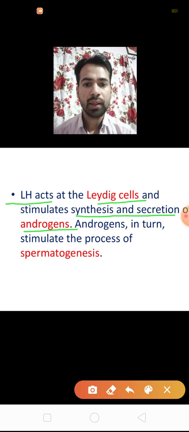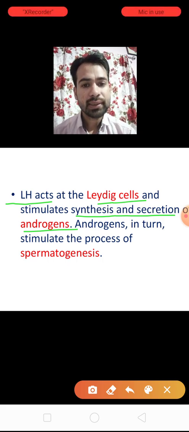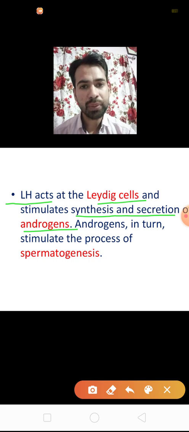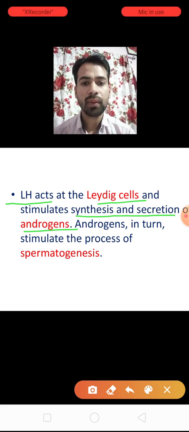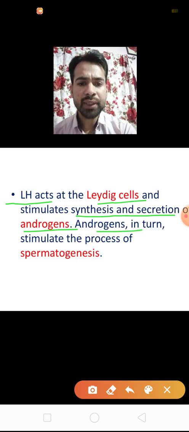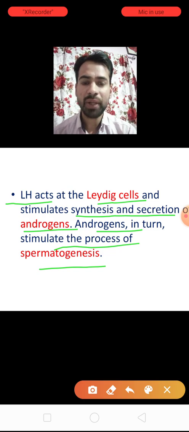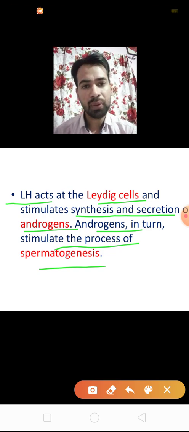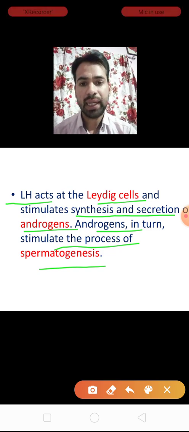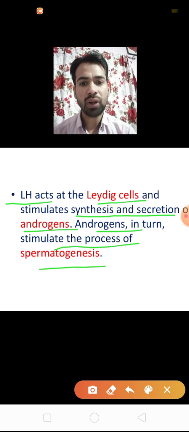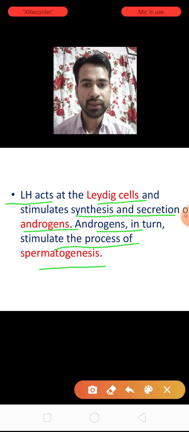So the male hormones that are secreted or stimulated by luteinizing hormone, androgens in turn stimulate the process of spermatogenesis. When the hormone is secreted, then it can easily stimulate the process of spermatogenesis.